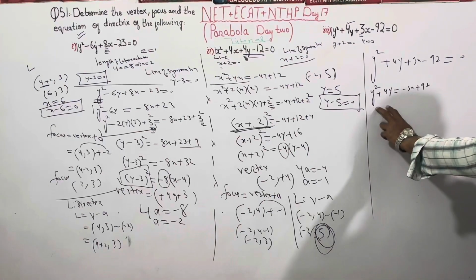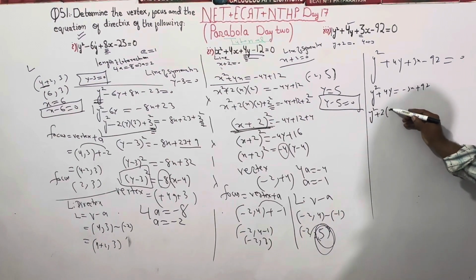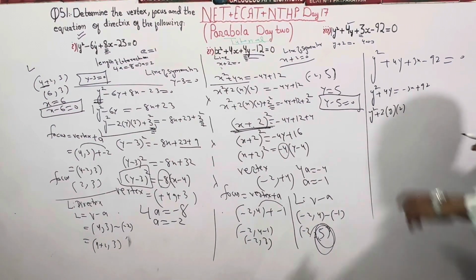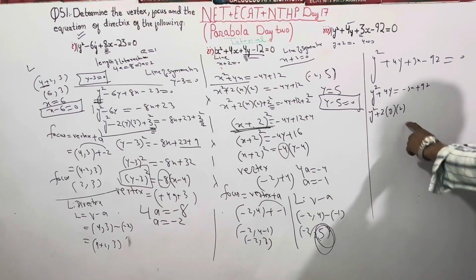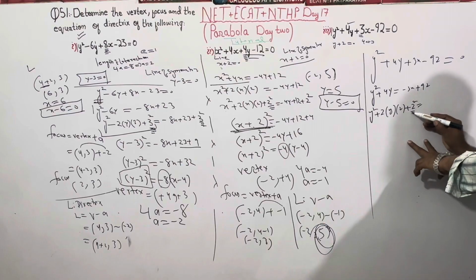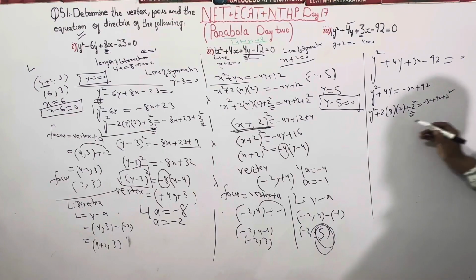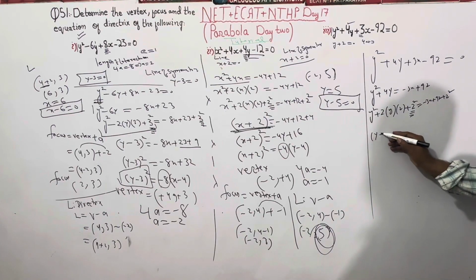We have to make this a perfect square affair. y square plus 4y can be written as 2 times y times 2. Our second term is 2, so there must be 2 square. By adding 2 square on both sides, minus 3x plus 92 plus 2 square. Now it's equal to y plus 2 whole square.